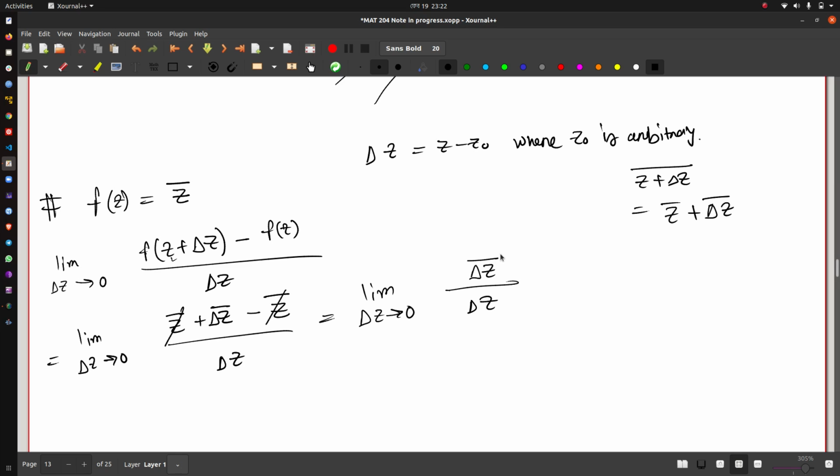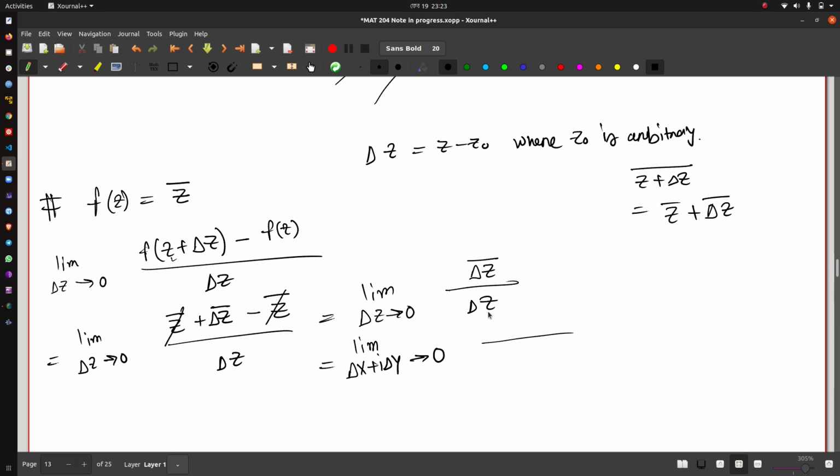Now there are two ways you can approach this problem. One of them is to use the Cartesian representation. We are going to do it the hard way, because in the book they use the polar representation, so why don't we try the Cartesian representation and see what happens.